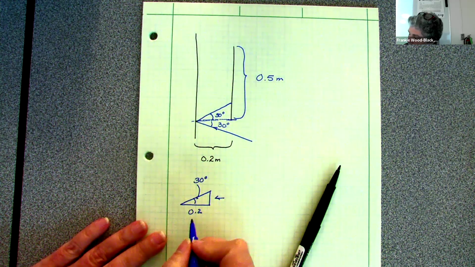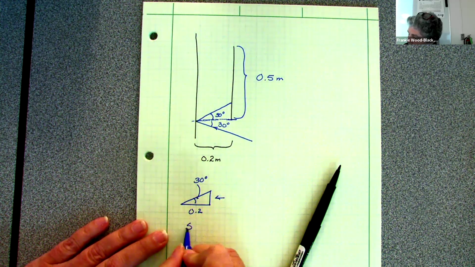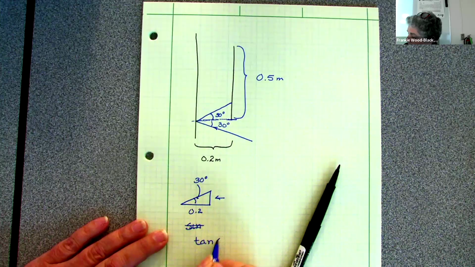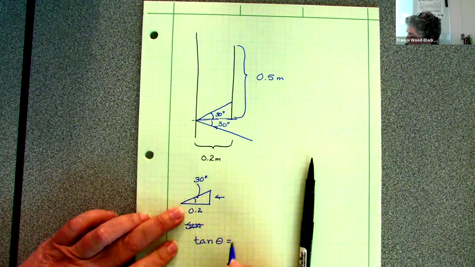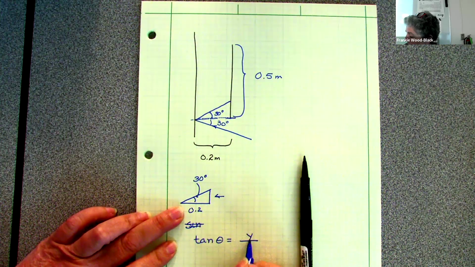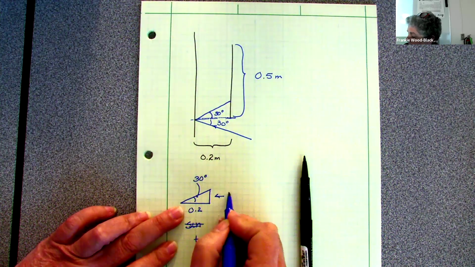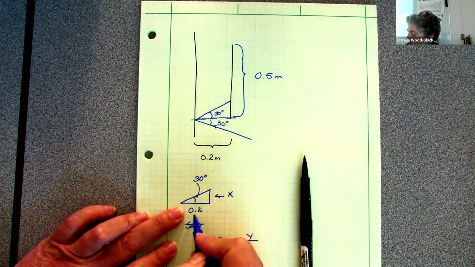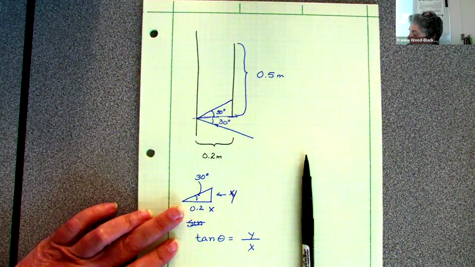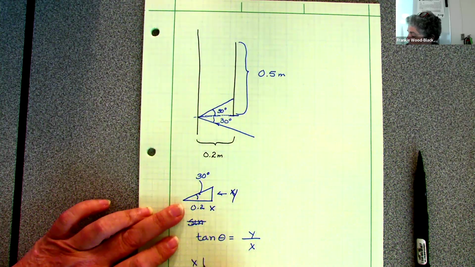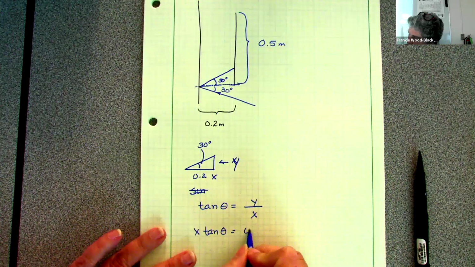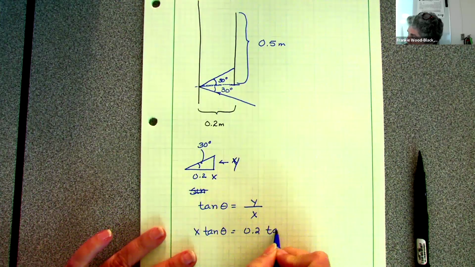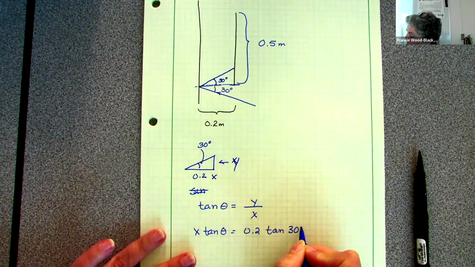Because what is it? It's the sine of the angle. Well, actually, we've got the tangent of my angle is going to be the y over the x. X is what I want. Or no, this is x and this is y. So x tangent is going to be my 0.2 tangent of 30 degrees.